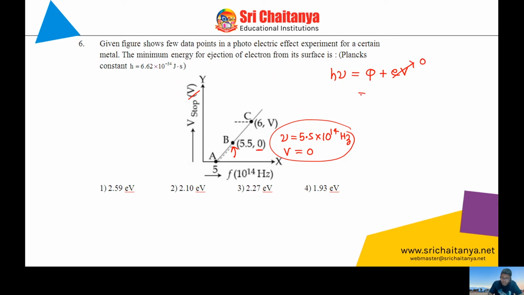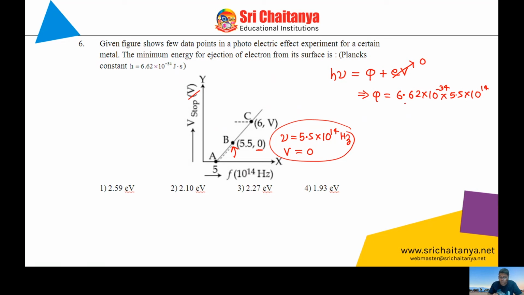So simply phi will be h times nu, where h is 6.62 times 10 to the power minus 34, and nu is 5.5 times 10 to the power 14. This will give us the answer in SI unit, which is joules, but all the options are in electron volts.